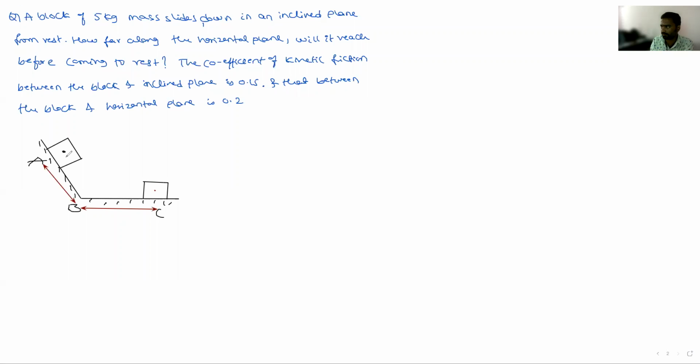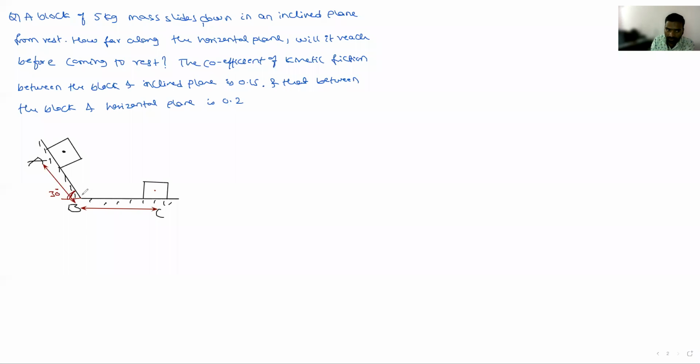So initially it is at rest. The inclined plane is at 30 degrees. The body is moving from rest, coming down.